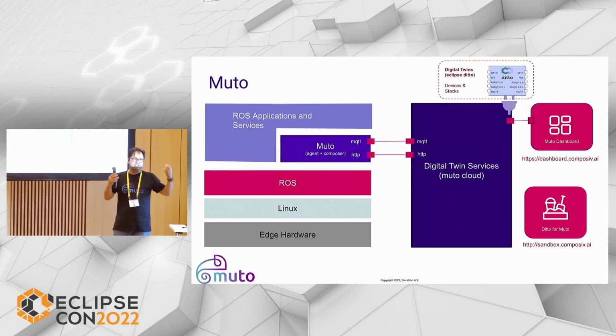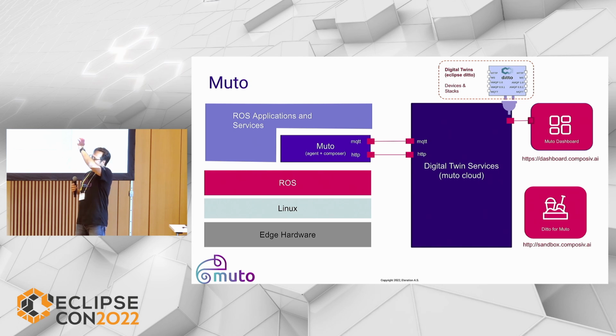You can use containerized technology, or you can decide you want to pull it from your own private repository, whatever provisioning technology you want to use for those software components. That's a part of the Composer steps that you need to take. Muto will spin up those nodes and will have a managed stack running on the device that it's responsible for.